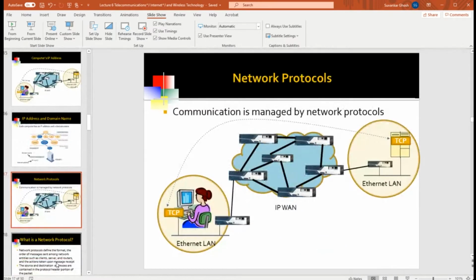Okay, now let's come to more specifics on network protocols. Conceptually, the network protocols are what govern how this network is going to operate. The network protocols are what ensure that messages and files can be transmitted reliably from the source to the destination computer.